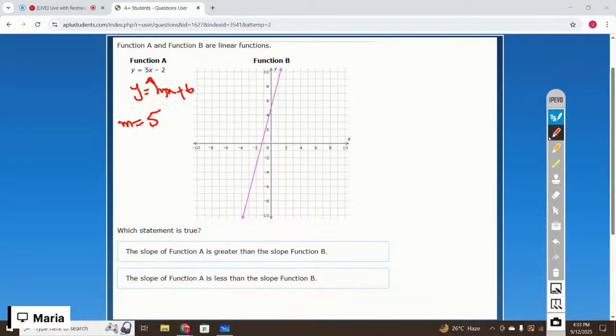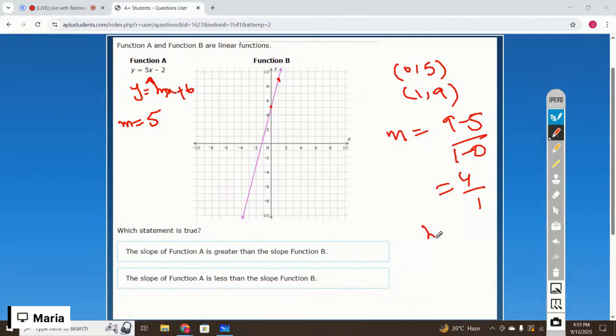Now we need to find the slope for function B. Just use any 2 points on the graph and calculate the slope. So here is the first one and here is the second one. The first one would be x is 0, y is 5, x is 1, y is 9. So the slope is y2 minus y1, 9 minus 5, over x2 minus x1. That would be 4 over 1. The slope is 4. So the correct option is the slope of function A is greater than the slope of function B. Got it?